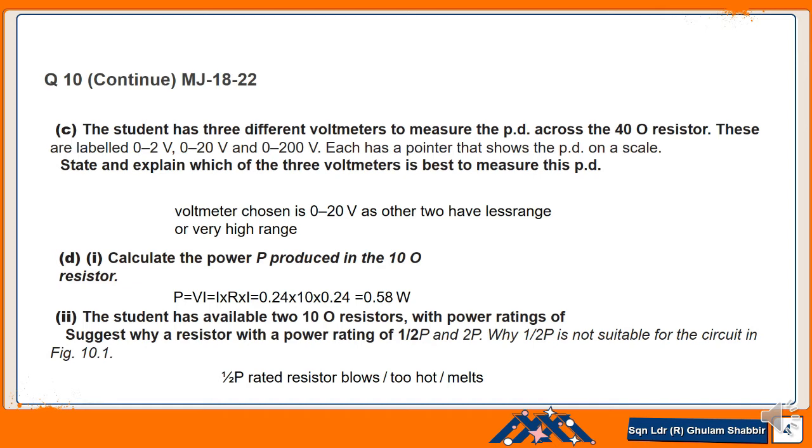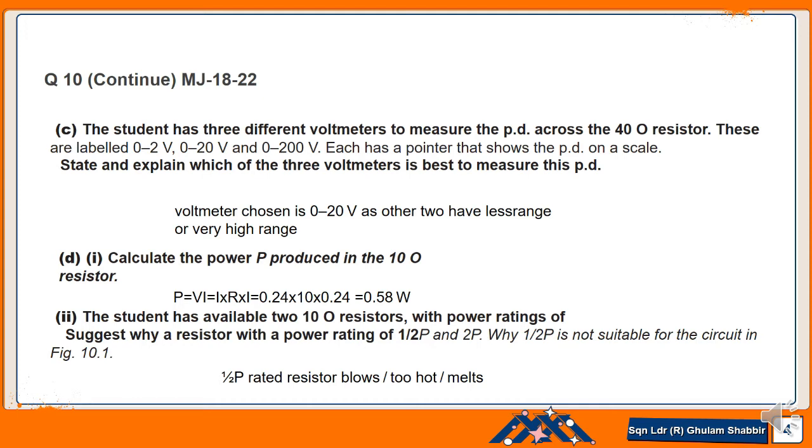So 0 to 2 is too low because it cannot measure 9.6 volt, so this voltmeter cannot be used. 0 to 20, yes, it can be used, and 0 to 200 volt is too high a range. So only 0 to 20 volt is suitable for measuring the potential difference across the 40 ohm resistance.